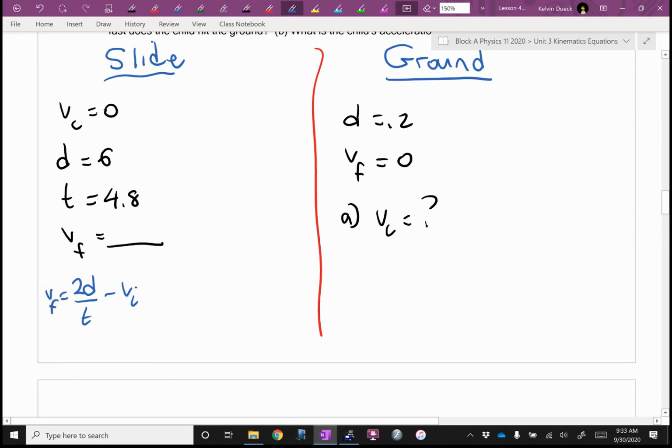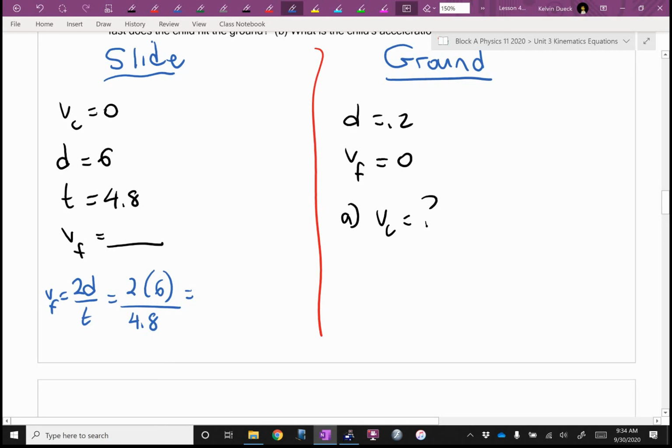What's VI, by the way, here? So will minusing 0 make a difference at all? The speed that we hit the ground at is going to be 2 times 6 divided by 4.8.